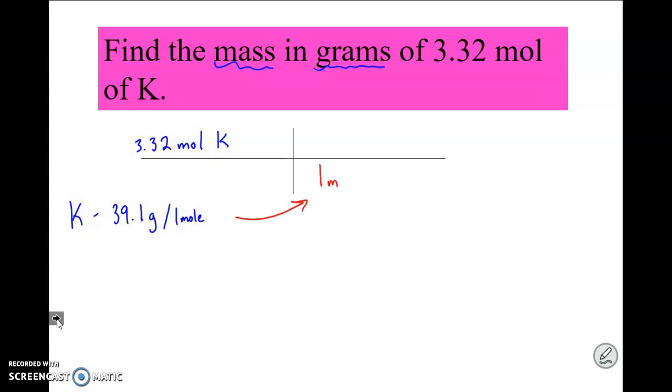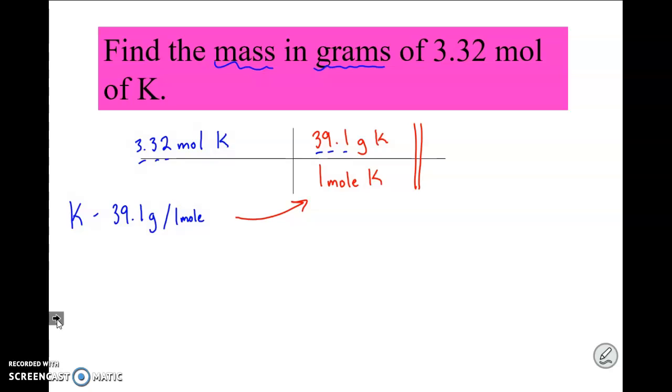For every 1 mole of potassium, I've got 39.1 grams of potassium. And from here, I can actually calculate, and I can get there. So when I multiply it out, I'm going to round according to 1, 2, 3 significant figures here, and there are 3 here with our molar mass.